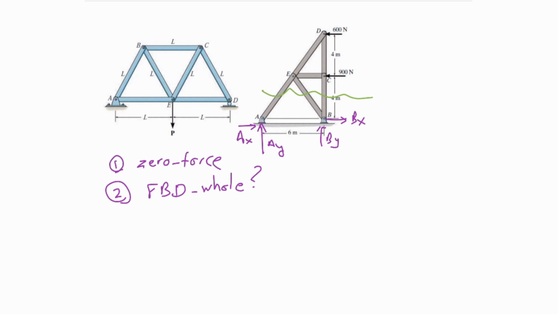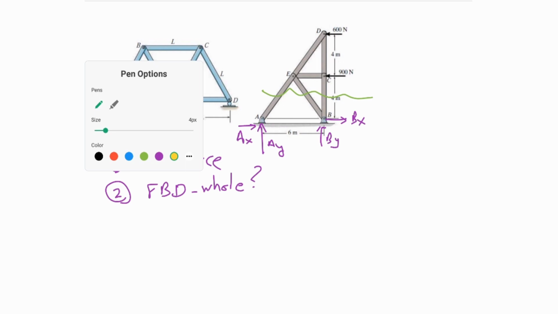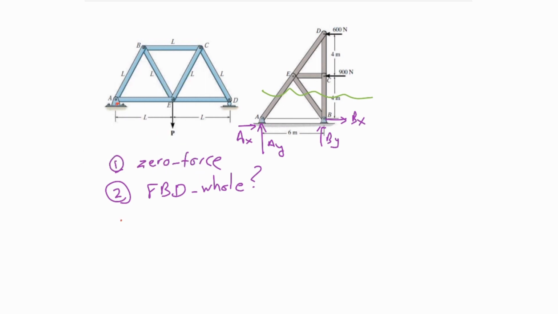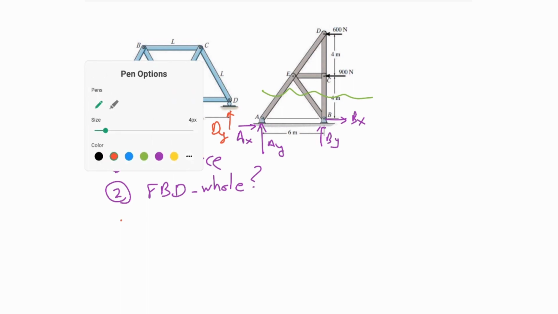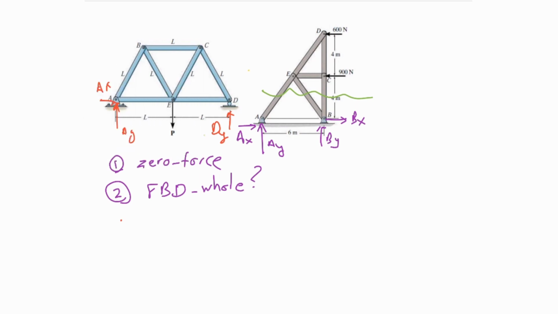In these cases, you need to do the free body diagram of the whole system, and it is possible to find the reactions, meaning that if you put Ay and Ax over here and Dy over here, you would have three unknowns, and you can solve this finding the reaction forces and then start cutting, or then start to select where to cut to find the unknowns.